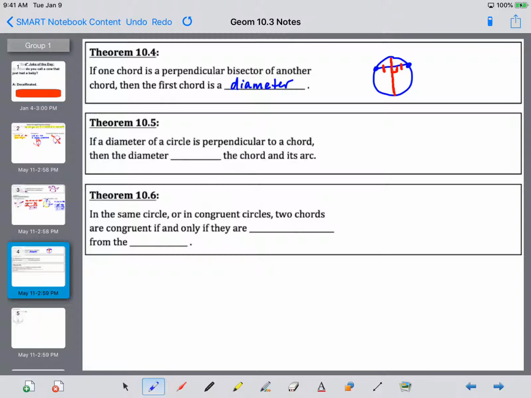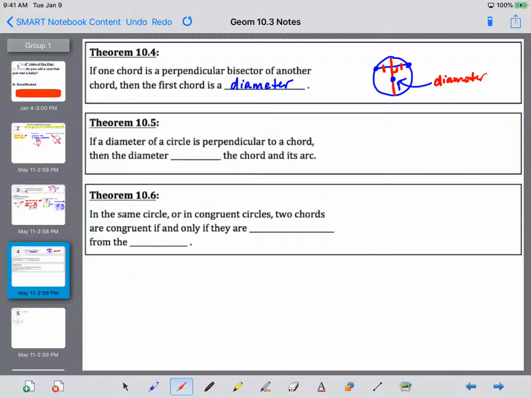Well, what has to be true then is that this has to go through the center, and then this chord here, this red one, has to be the diameter. That's the only way that a chord can be a perpendicular bisector of another.